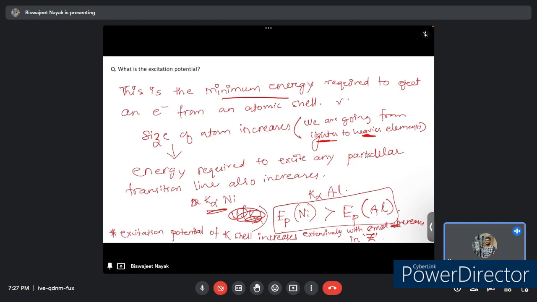These are all very important while we are doing XRD. This parameter plays a very important role.